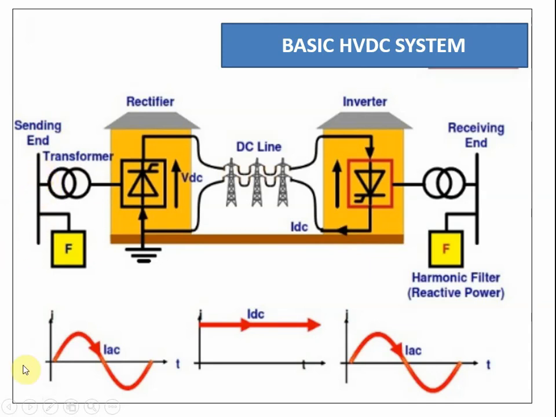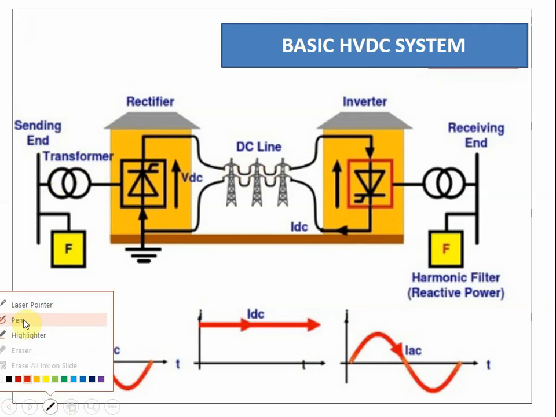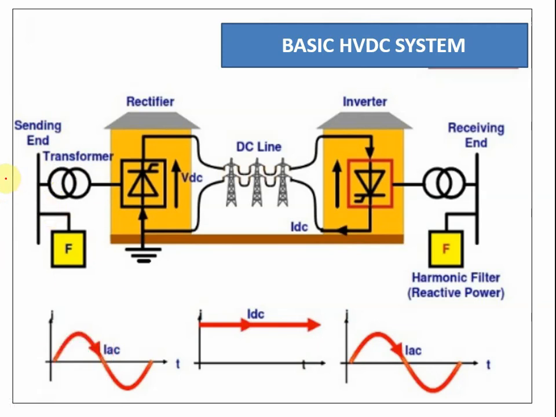This is your bus. Here we are feeding power to this bus. Next there are the filters. If some harmonics are there, those harmonics are filtered out by using these filters.